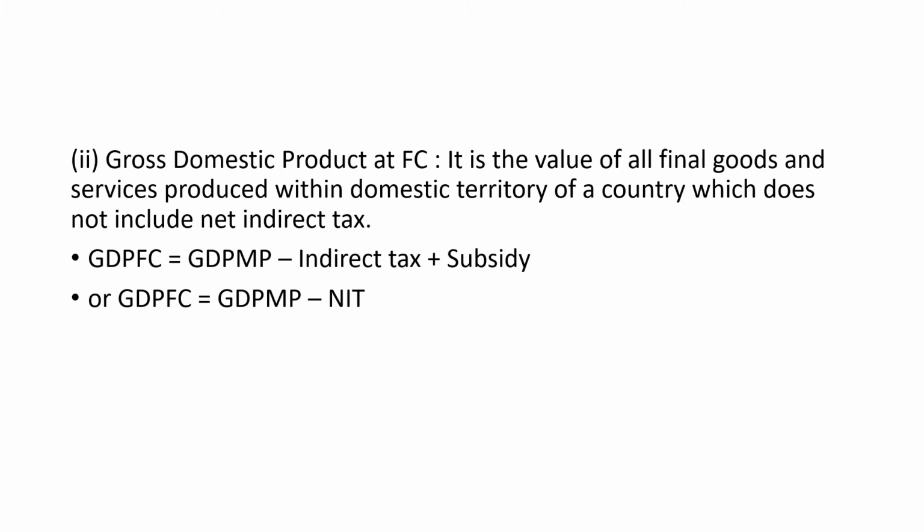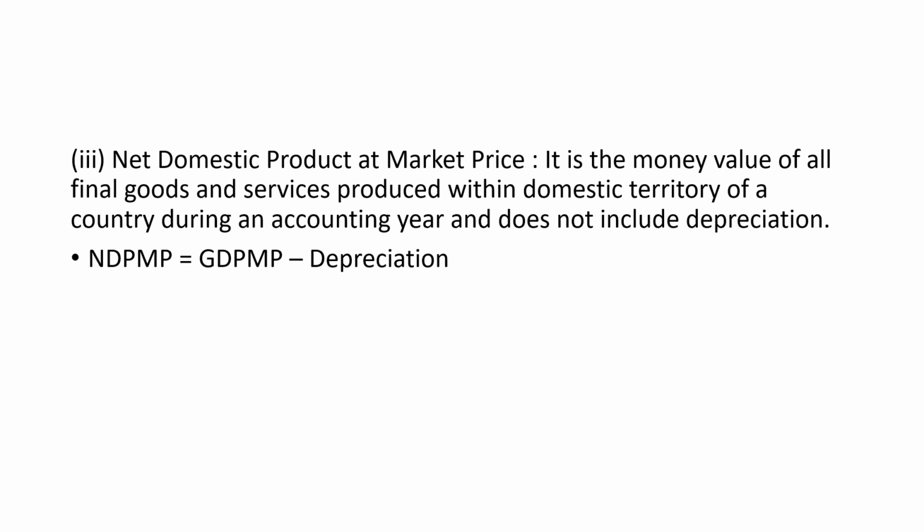See, the component gross is here, domestic is here, and factor cost is here. Since we have gross, we have to include depreciation. Since we have domestic product, we have to take into consideration the domestic territory of a nation. So GDP at FC is equal to GDP at MP minus indirect tax plus subsidy, or it is GDP at MP minus net indirect taxes.